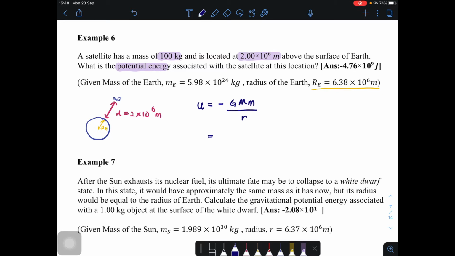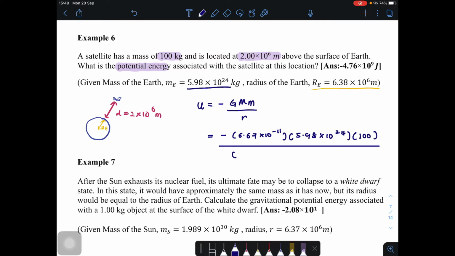So just put in negative, and G is the constant, which is 6.67 exponent negative 11. And then the mass of the Earth, this one. And then the mass of the satellite is 100 kg, divided by the radius.